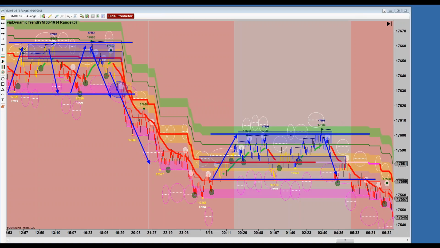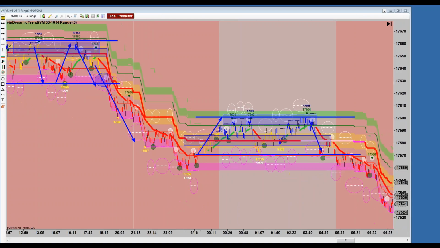Let's continue on. Let's see if we get something change over here. So this is the pre-market session from the other day. Let's advance the chart. Here we're coming up on 6:30. This is the open of the market right here. In the pre-market session, you can see that it took the bottom of the range out at 5:30.